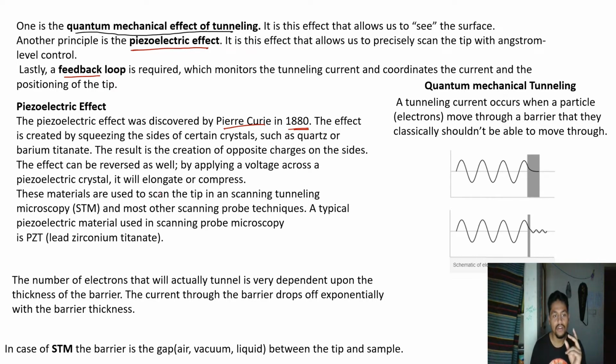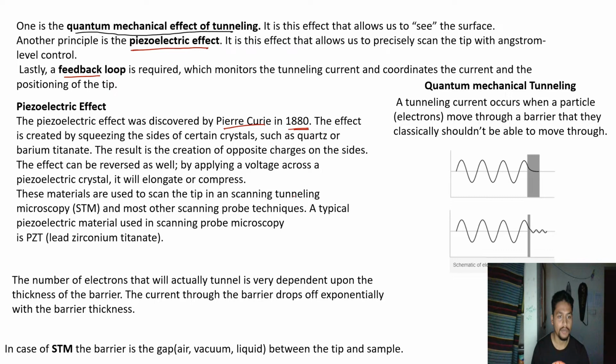The elongation or compression is at atomic resolution, and by that we can actually raster the surface. So these materials are used to scan the tip in a scanning tunneling microscope, and most other scanning probe techniques that were discussed in the very introduction of the lecture.